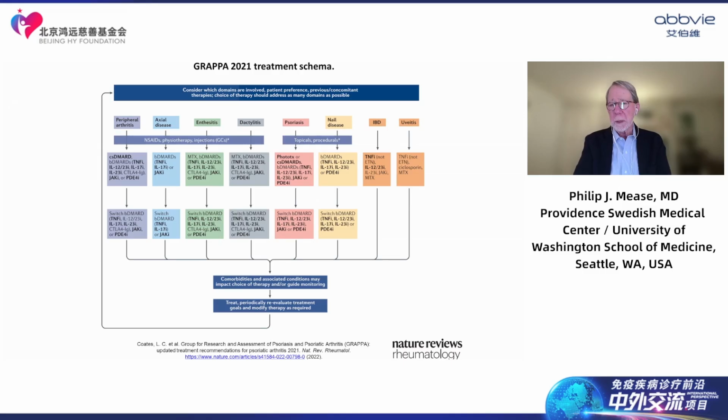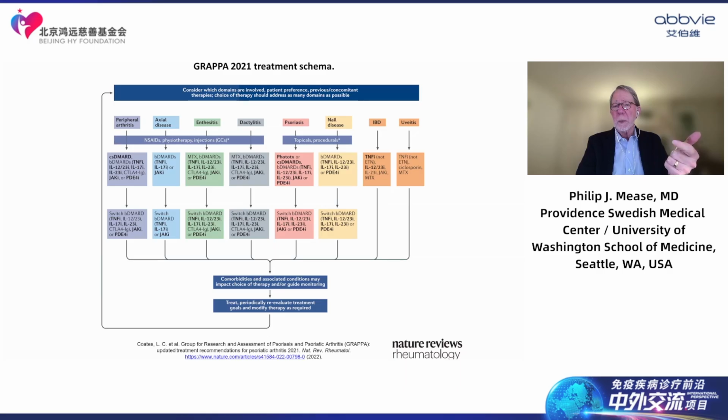Shifting to treatment of these conditions, here are the treatment guidelines that were last published by the GRAPPA group in 2021. And these are, as you can see, segmented into clinical domains. What are the effective therapies in each clinical domain?